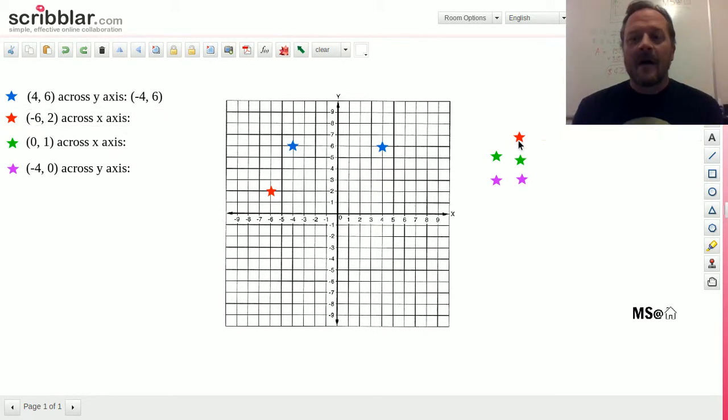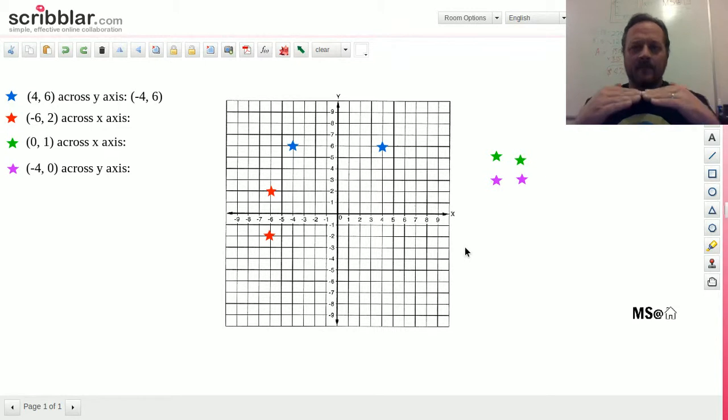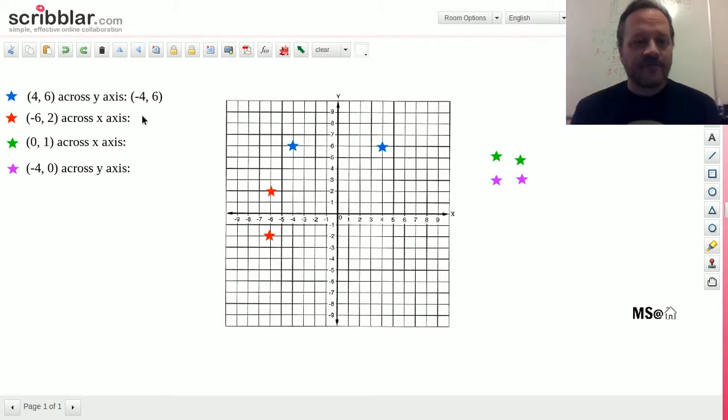So if I have this star at 2 places above the x-axis, now it's going to go 2 places below. 1, 2. Now it's 2 spaces below that axis. And now it's reflected. The x-axis is like the middle point, right? And I have negative 6, 2.